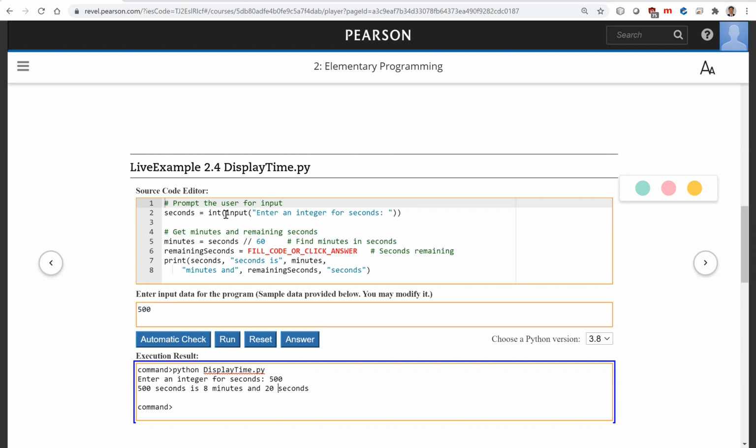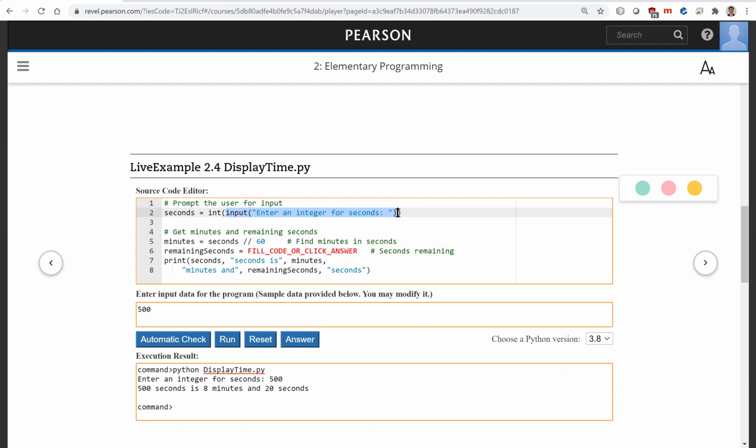You enter the input. The input is an integer, so use int. If you use float, you get a floating point number; if you use int, you get an integer. Now using integer division, seconds integer-divided by 60 gives the minutes. And what are the seconds left? Seconds remainder 60. That's the seconds left.